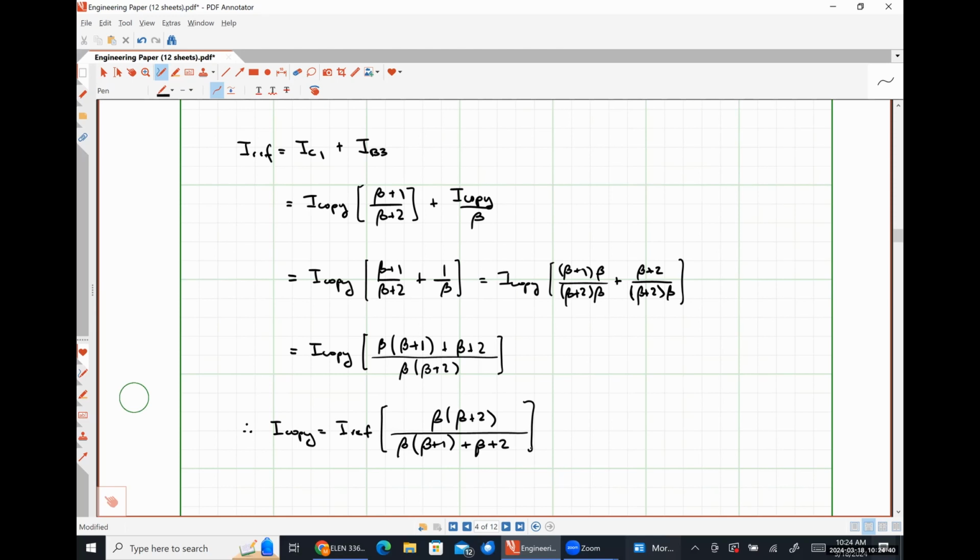So for beta equal to 100, the ratio of I copy to IREF comes out to be 99.980%.